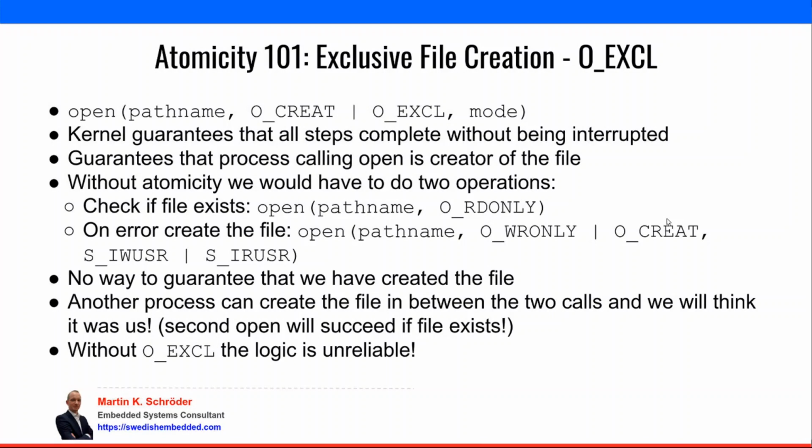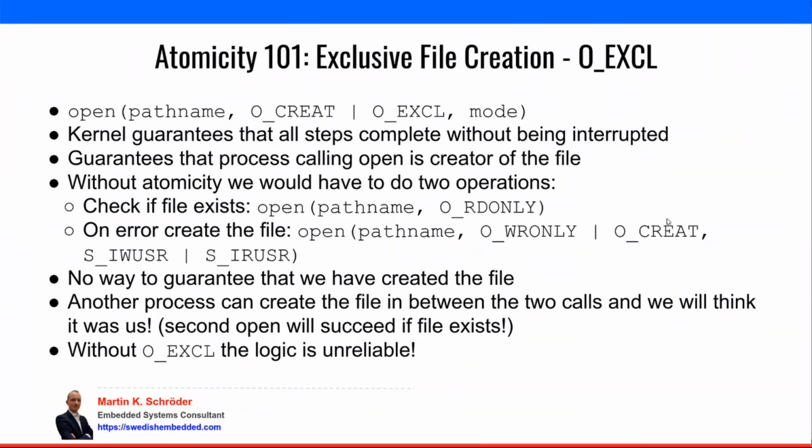Now, the second process that tries to create the file, unless it uses the exclusive flag, is not going to get any error indicating that the file already existed before the process tried to create it. So essentially the operation succeeds, but we cannot be sure that we created the file. And that creates a problem if we want to use the file as a way of guaranteeing that we only have one instance of a program running.